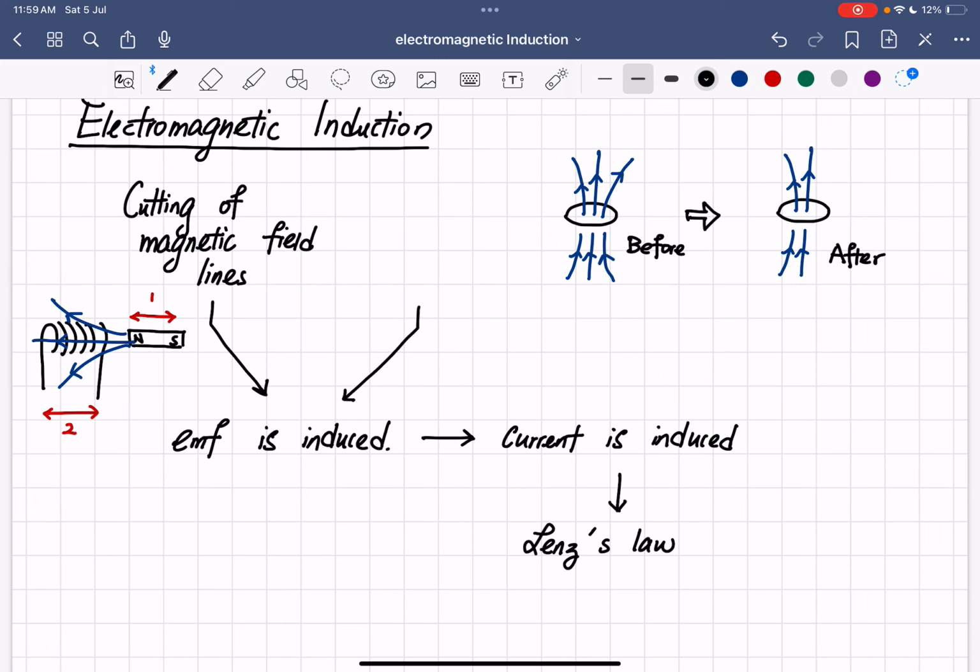So the second possibility is a change in the number of field lines enclosed by the loop.